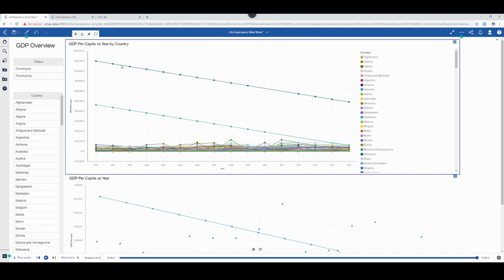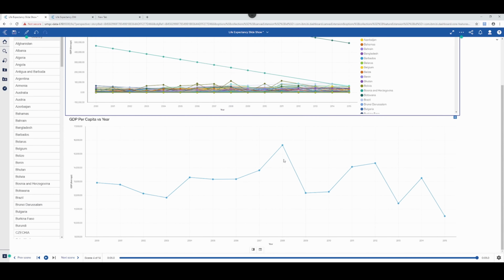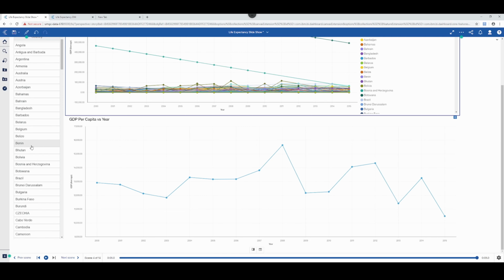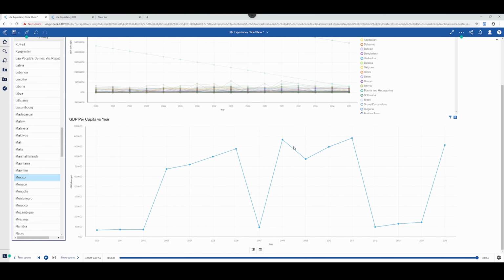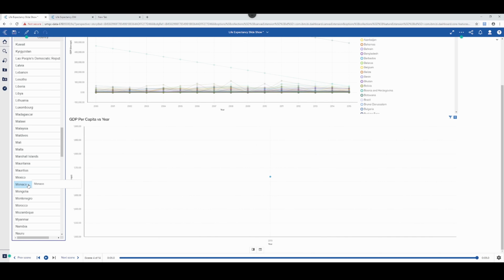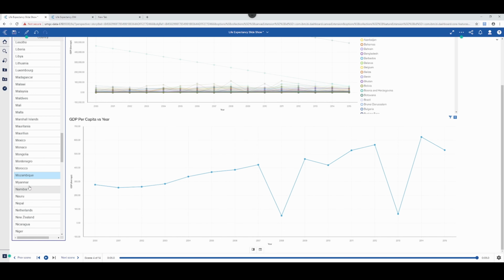So let's look at the graph down here now. Here we can select on the left any individual country we want to look at. If we click on Mexico, for example, we can see how their GDP per capita changes over the years. And it's interesting to see what these countries have for GDP. It doesn't seem like many of them are very linear.